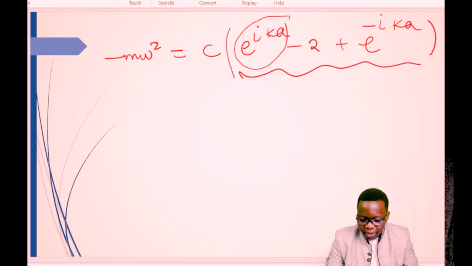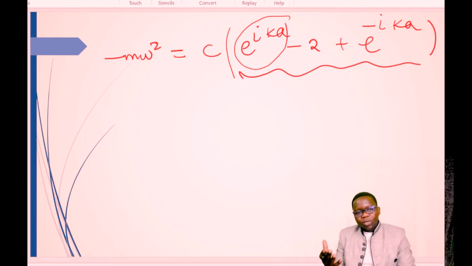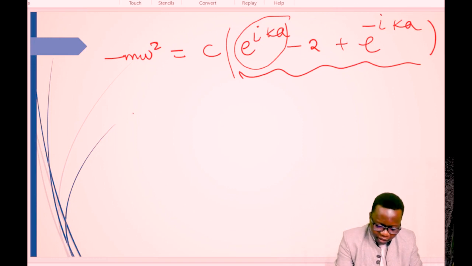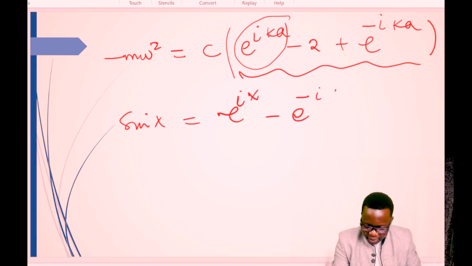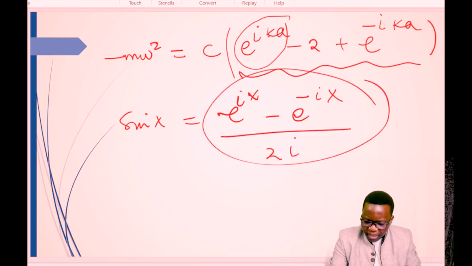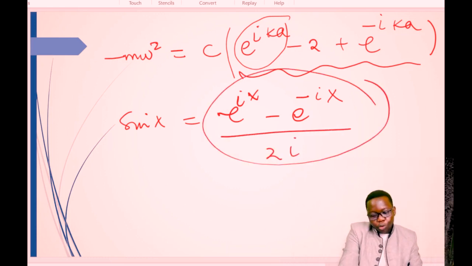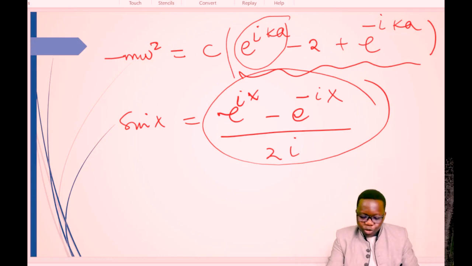This bracket, I see something to do with a sine and a cos. If I need a sine of x, then I can say e to the ix minus e to the minus ix, divided by 2i, something like this. So I see some connection with this.